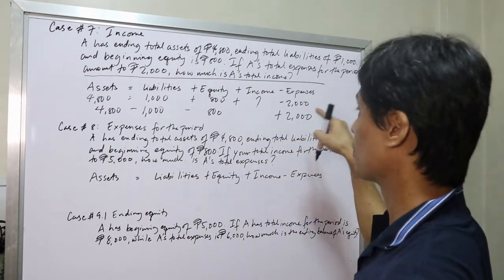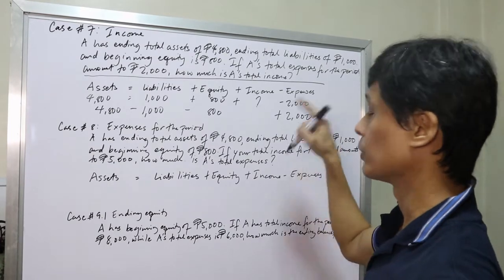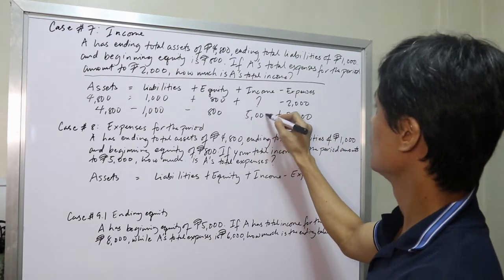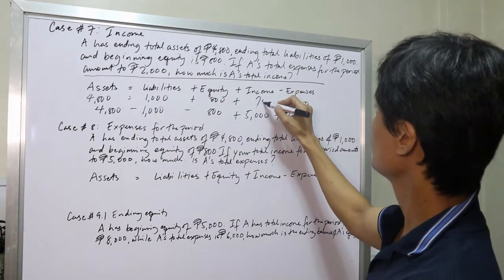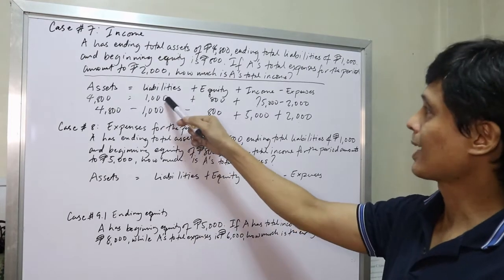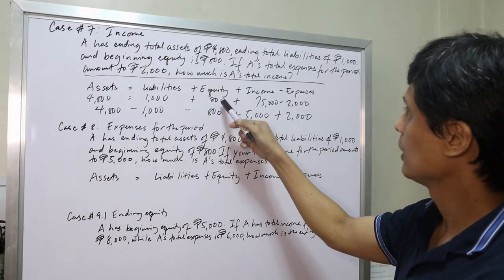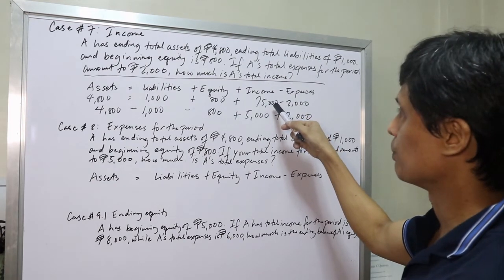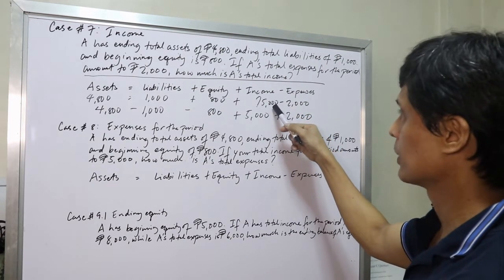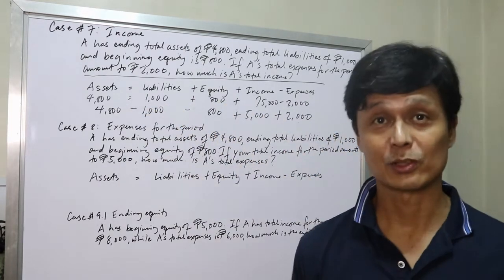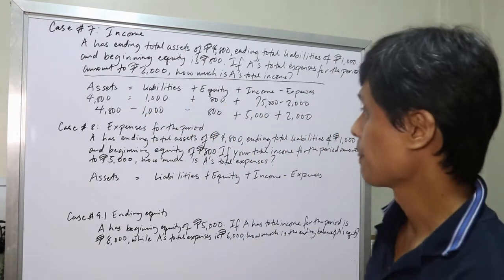Plus 2,000, 3,000 plus 2,000 would give you 5,000. So this must be 5,000, itong income na to. So you can check. 1,000 plus 800 is 1,800 plus 5,000, that would be 6,800 minus 2,000, that would be 4,800. So equal sila ng assets.